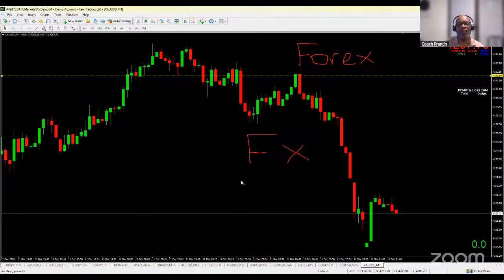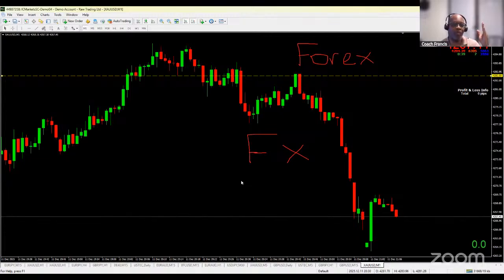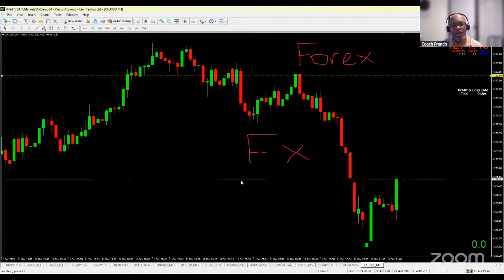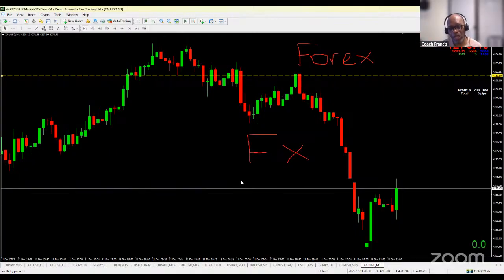Forex is a market that can be traded 5.5 days a week, because it's open from Sunday evening, that's Eastern Standard Time or New York time, right through to Friday evening when it closes.